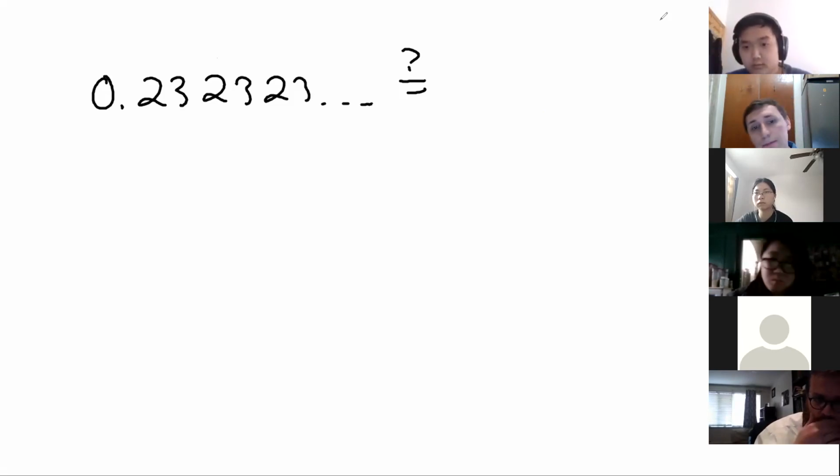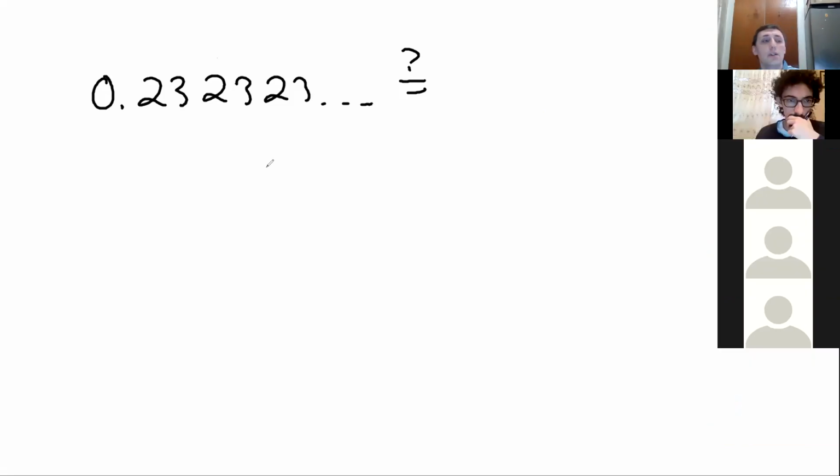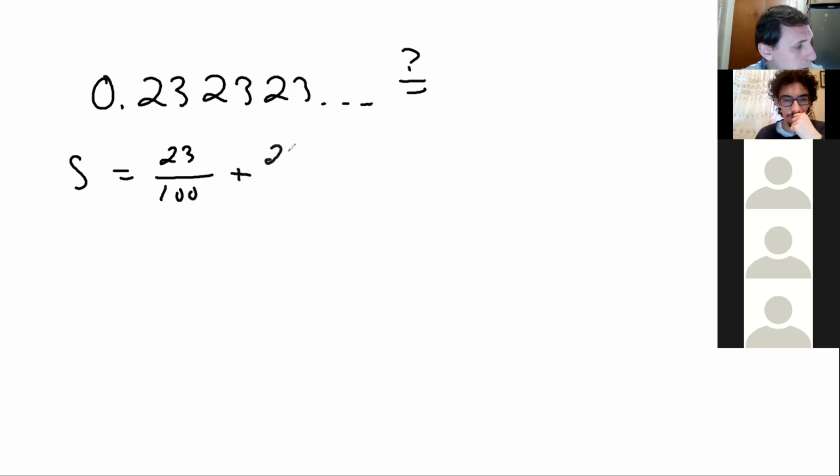Okay, so good. So let's look at what it is, guys. You can represent it in many ways. The nicest way, I think, for this problem is to say that we have S equals 23 divided by 100 plus 23 divided by 100 squared plus 23 divided by 100 cubed.